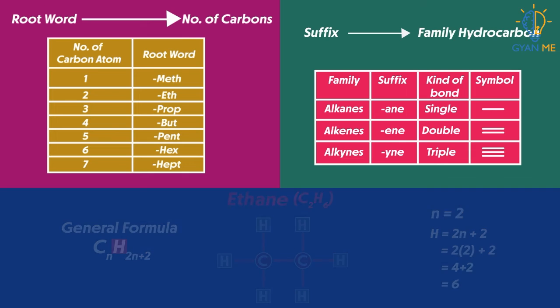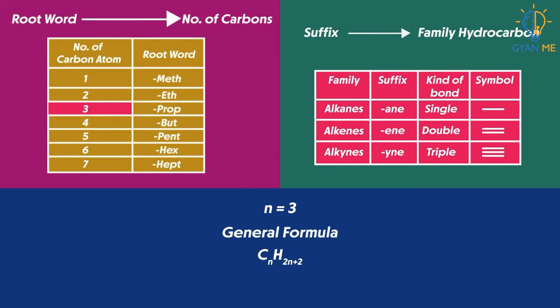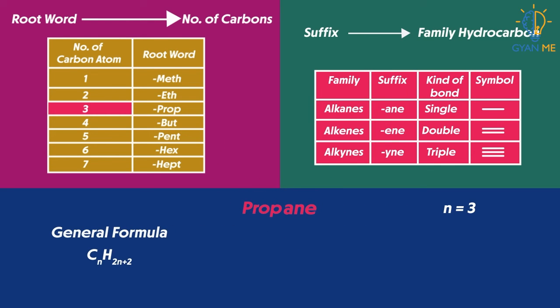Let us now proceed and take n equal to 3 in the general formula of alkane. And can you guess the name of this compound? Yes, it is propane. Since there are 3 carbon atoms here, the name will have the root prop and the suffix ane since we are talking about alkanes, which makes propane an alkane compound containing 3 carbon atoms singly bonded with each other.